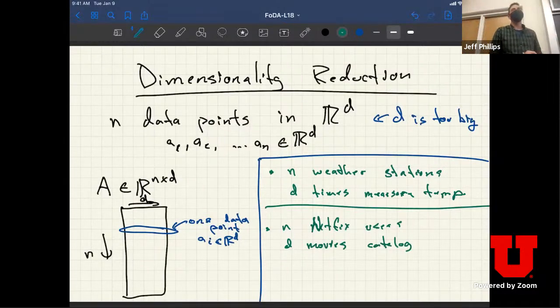Maybe 50 million subscribers, maybe that seems not that high, but let's say 10 million subscribers in the US. And how many movies do they have in their catalog? It's probably less than 50 million, maybe it's 100,000.